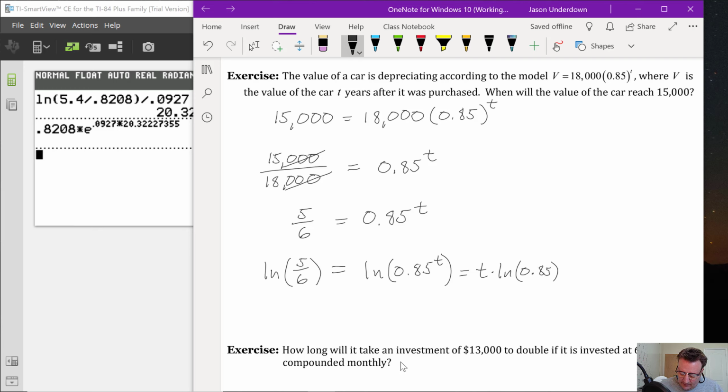So if I solve for t now, I get t is equal to the natural log of 5/6 divided by the natural log of 0.85. And let's compute a value for that on the calculator.